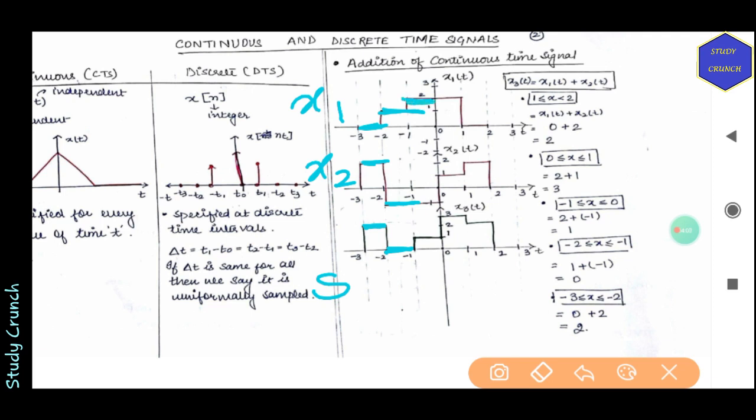Then we have 2 plus minus 1 is 1, so we have 1, and so on. So basically we add these signals range wise, like from -3 to -2, what is the value of the signal? So we add the signals blockwise.